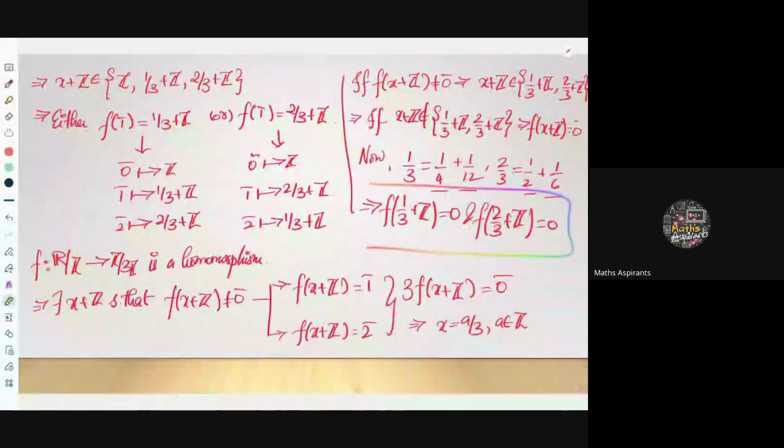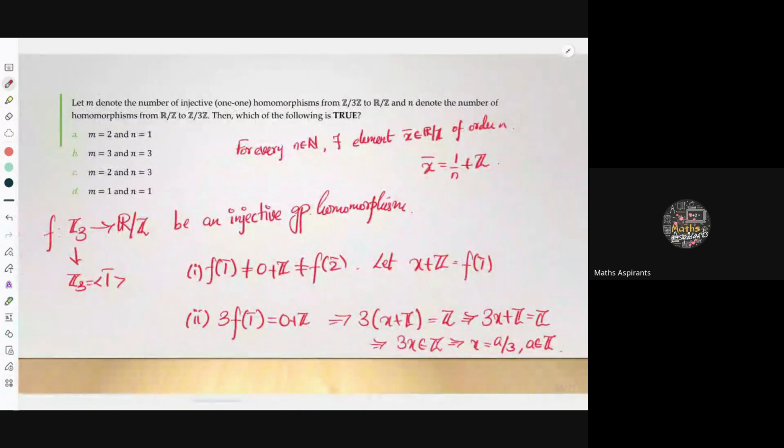So their images will also have to be 0. So the only possible homomorphism is the trivial homomorphism, which implies n is 1. So this is the question, the answer is m equals 2 and n equals 1.